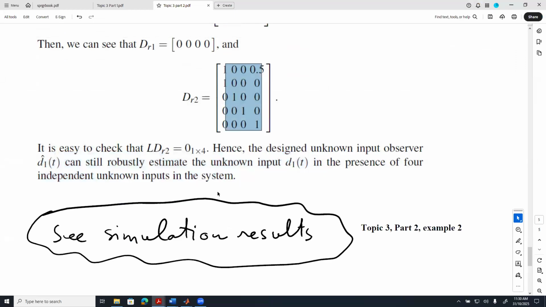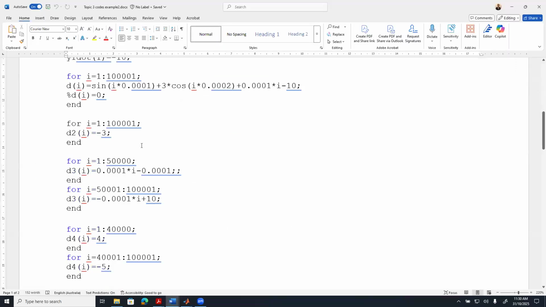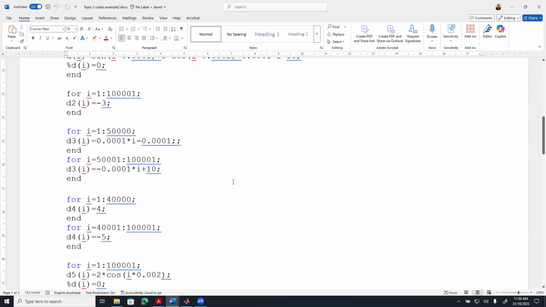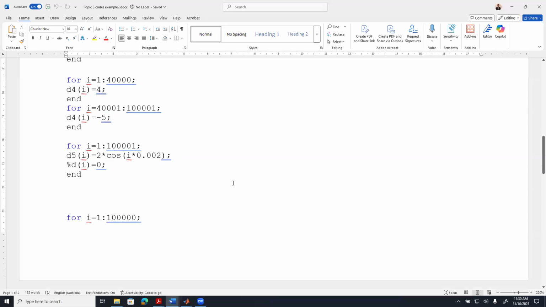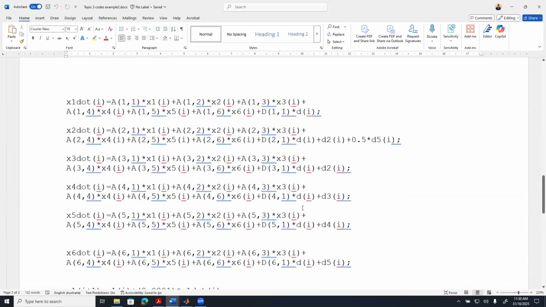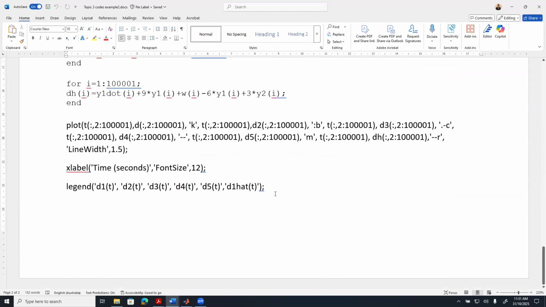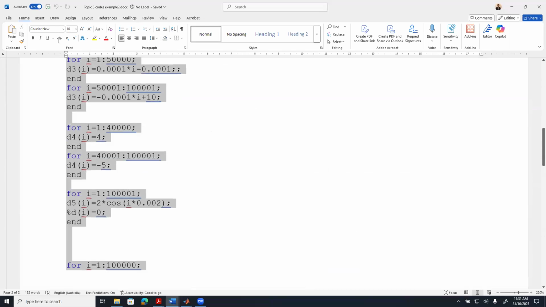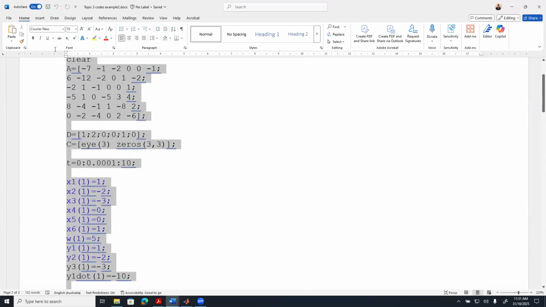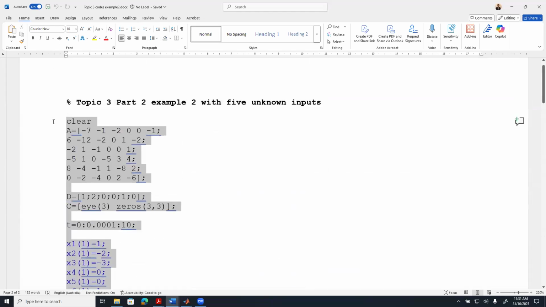The other 4 unknown inputs. And so we call them D2, D3, D4, and D5, and then they enter into the system. And then let's run the simulation, where the observer that we obtain is for D1.